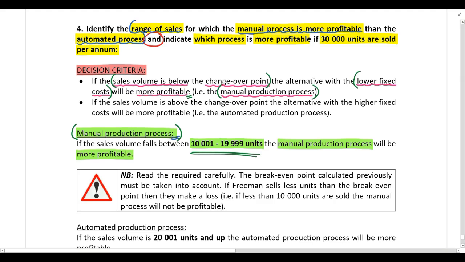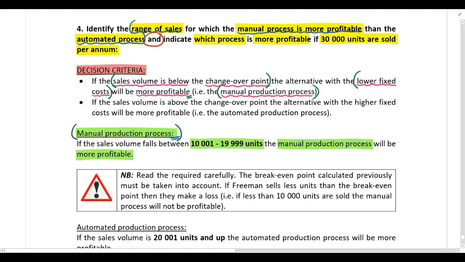But you do just need to take the break-even point into account in this discussion, because obviously if the company sells less units than the break-even point, then they won't be profitable. Also, if they sell 10,000 units, they're not profitable either, because that's the point where they don't make a profit or a loss. So they will only start making profits when they start selling units above the break-even point.